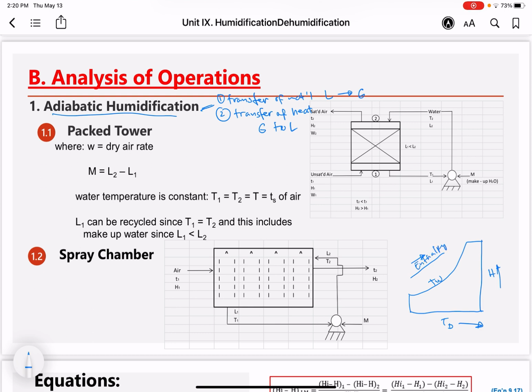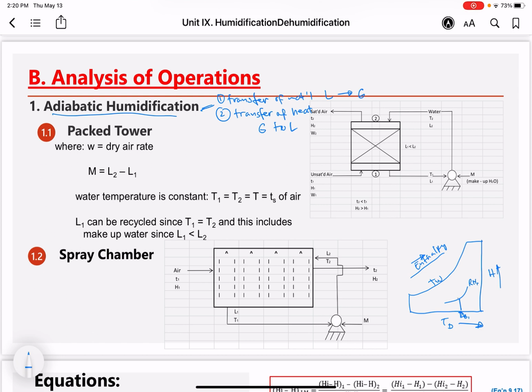So, for humidification process, say, assuming you are given dry bulb temperature 1 and meron kang relative humidity 1, RH1. In humidification process, you want to increase the moisture. Therefore, by cooling and humidification, if you want to increase the moisture of the water vapor, you must increase its relative humidity.